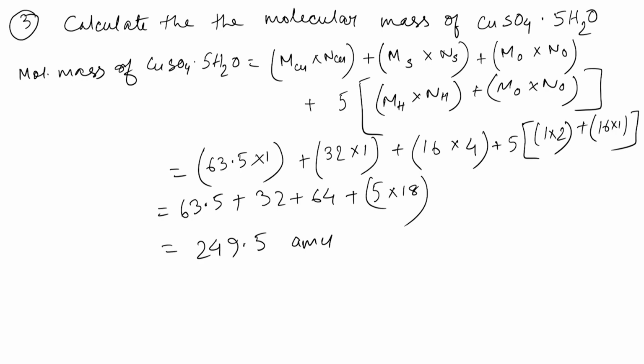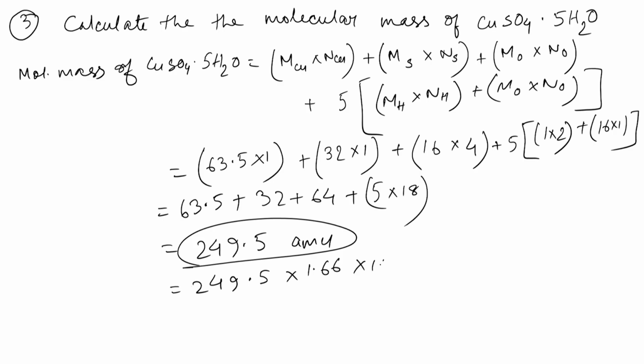So we can do this with others also. So let's say this, okay, the molecular mass of copper sulfate and 5H2O is 249.5 AMU. We can write this as 249.5 into 1.66 into 10 to the power minus 24 grams.